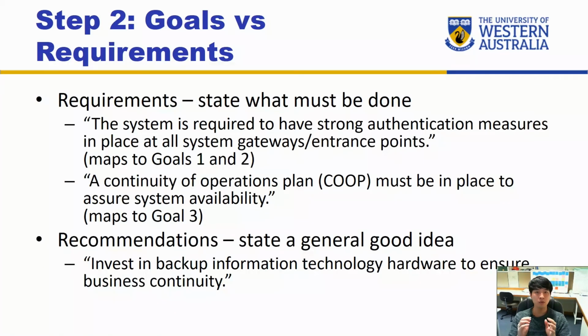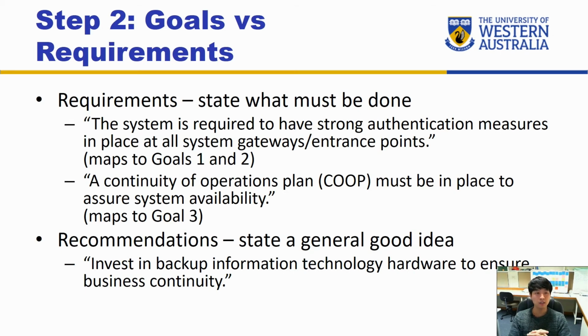So when we later move on to specifying requirements, the requirements state what must be done, okay? The system is required to have strong authentication measures in place at all system gateways, entrance points. So this requirement can now map to security goals that we have specified, and sometimes a single requirement can map onto multiple goals, as well as goals being satisfied by multiple requirements.